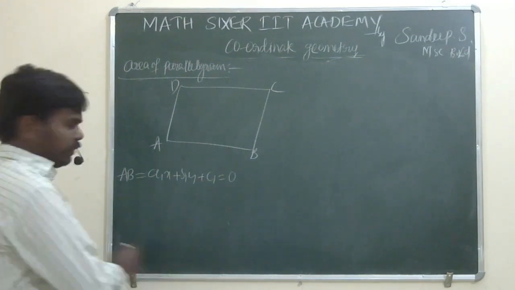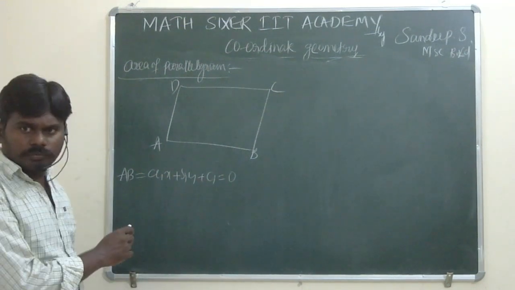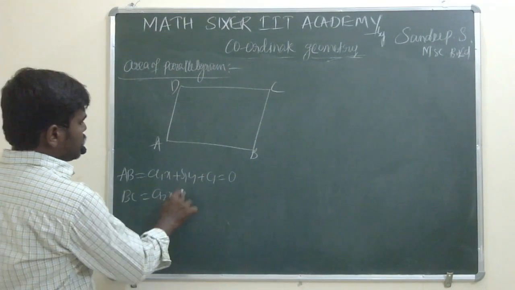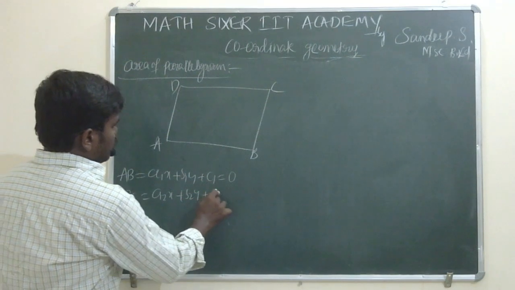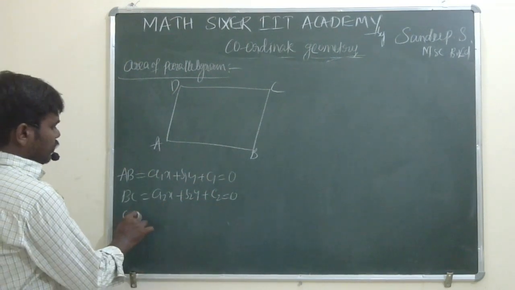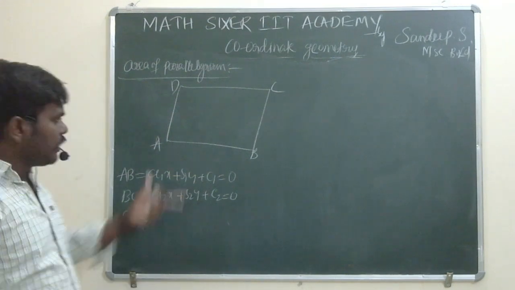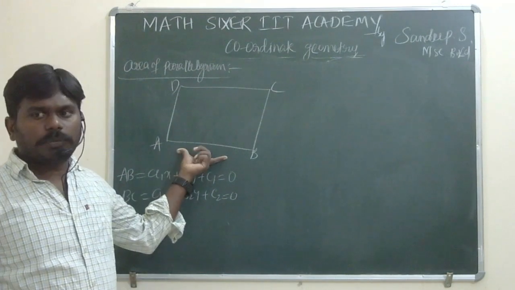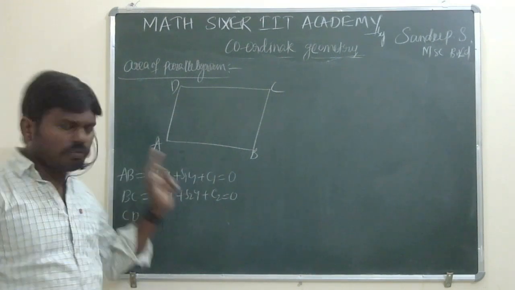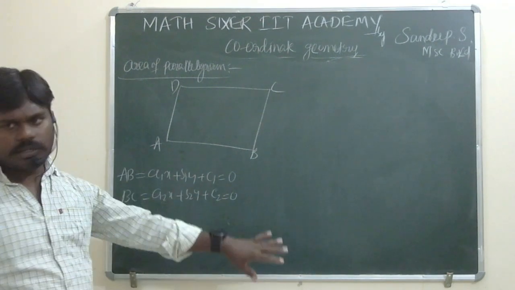Let me take BC as a2x plus b2y plus c2 is equal to 0. Next, CD and AB are both parallel to each other. When they are parallel, their x coefficient and y coefficient should be the same and only the constant is different.